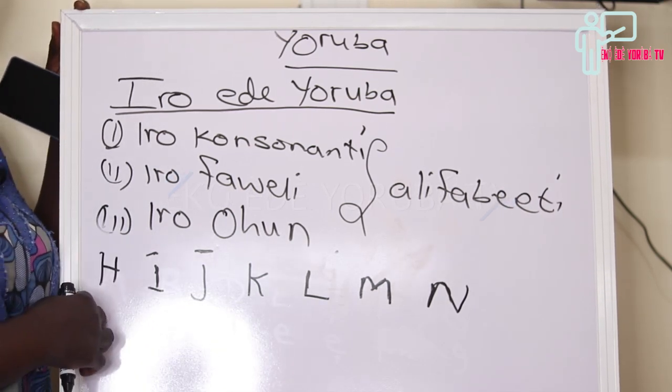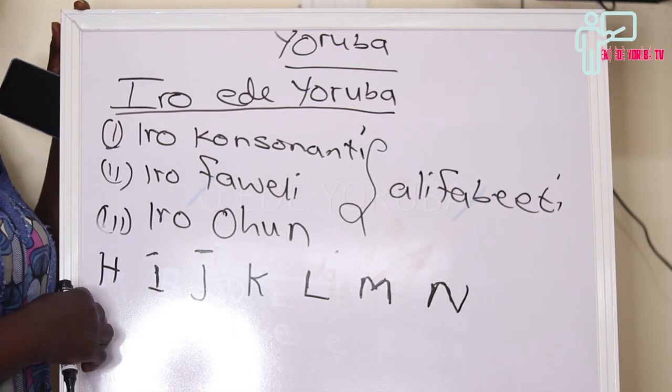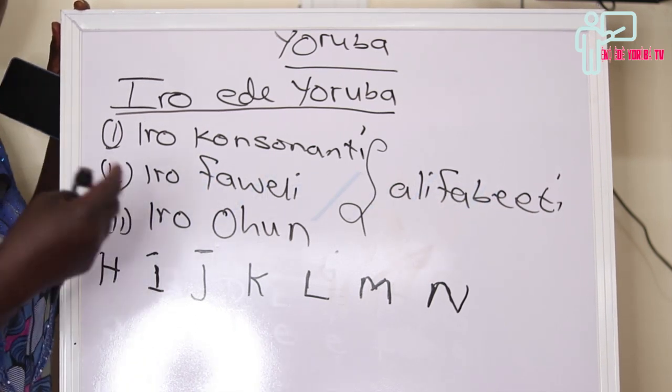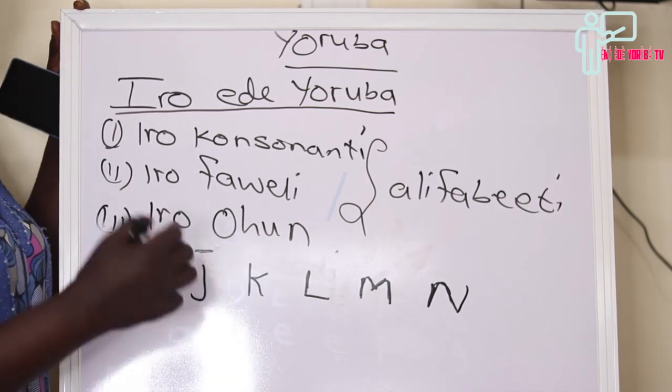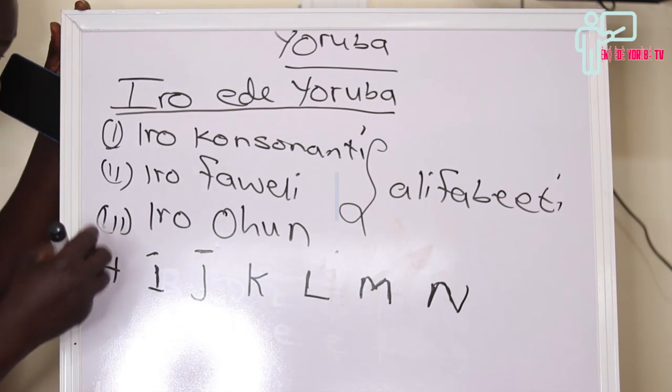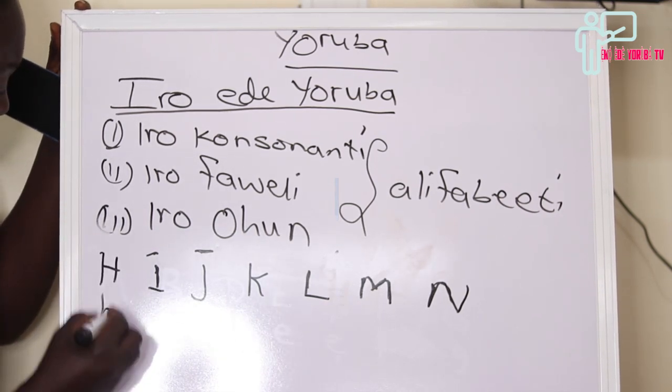A pè ní lẹ́tà ńlá. That is capital letter, big letters. Also, we have the small letters. We write it also like this.